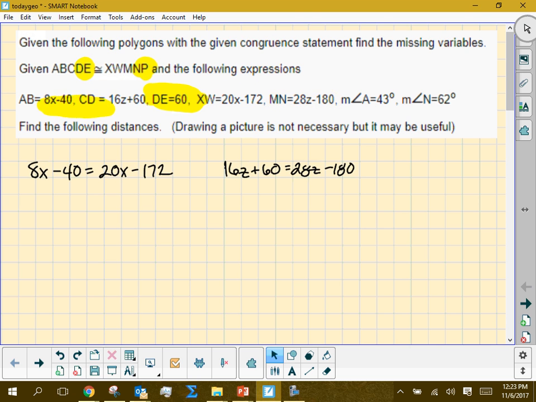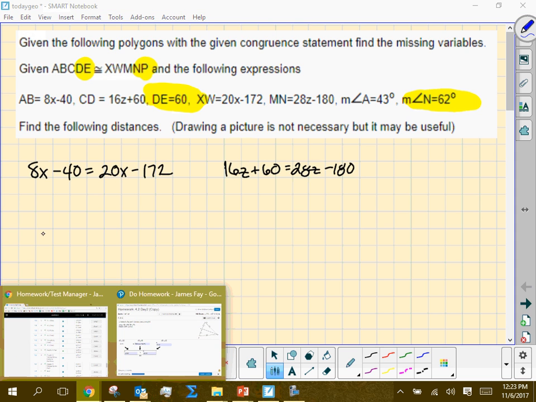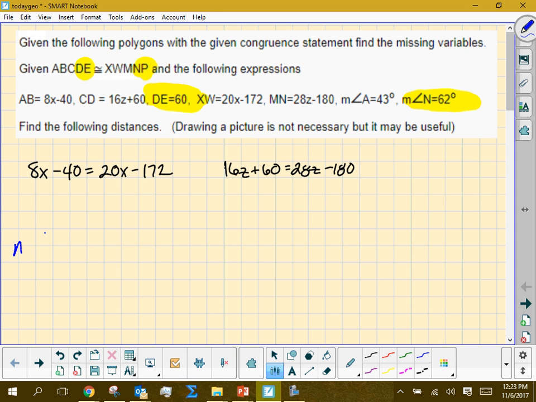But as I search through here, are there any NPs? Nope. There is an angle N, but in the actual question, I don't know if I still have it up. In the actual question, it says find AB, I think BC, CD, and then eventually... Let me double check.